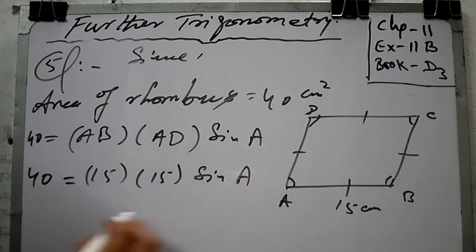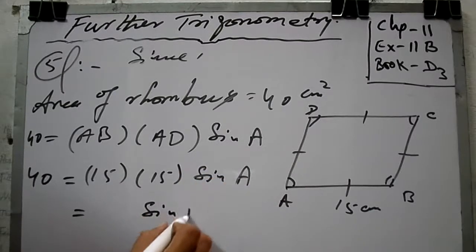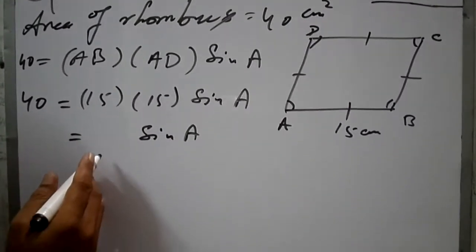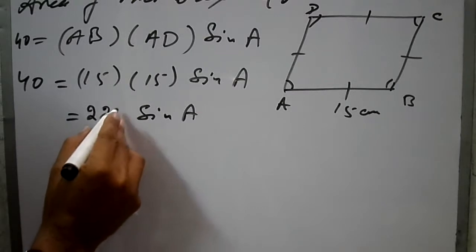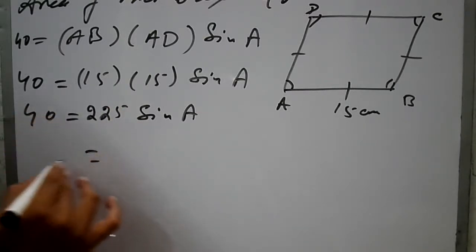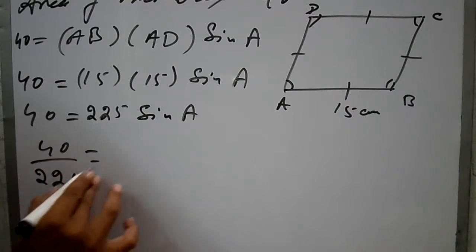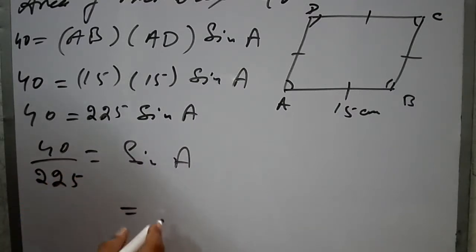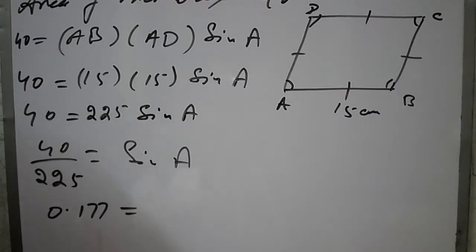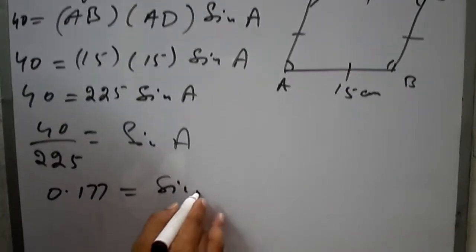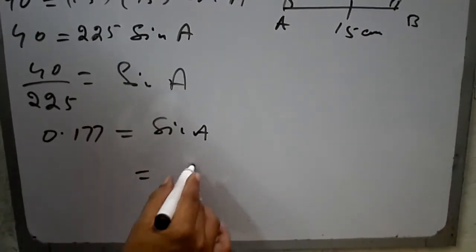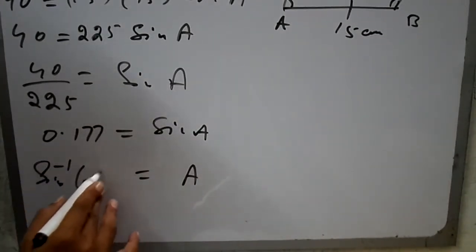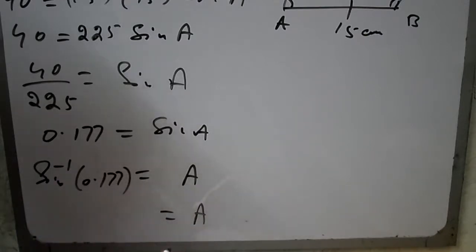Sine A we have to find, so sine A is equal to 40 divided by 225, so the value is 0.177 and that is equal to sine A. So the value of A is sine inverse 0.177, that is 10.2 degrees.